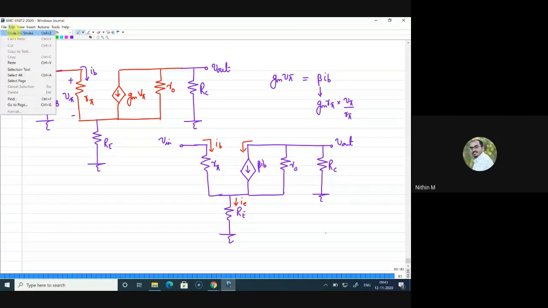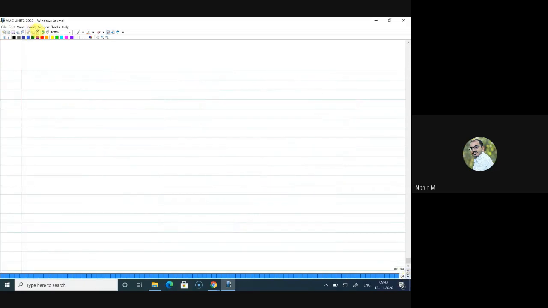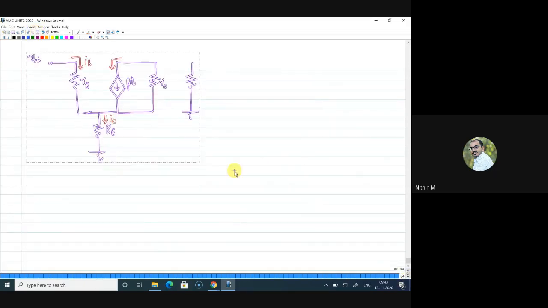Yeah, yes, very good. We converted this into, so let me take this diagram, we converted this into an equivalent voltage source of value beta IB into R naught in series with the resistance R naught.